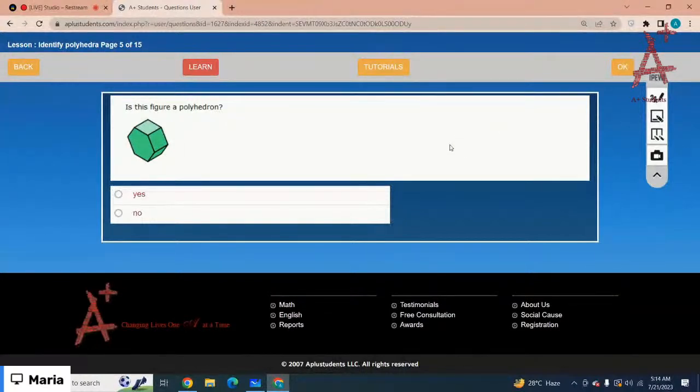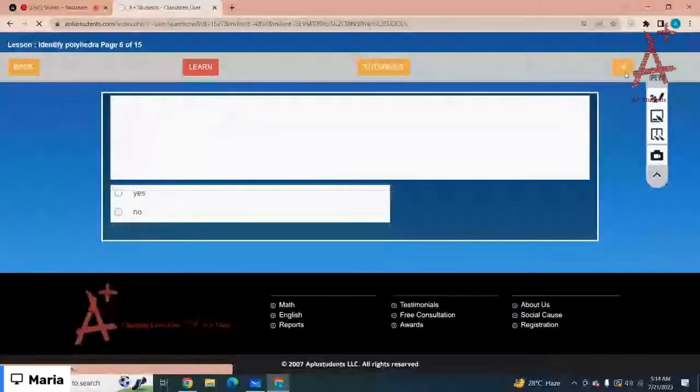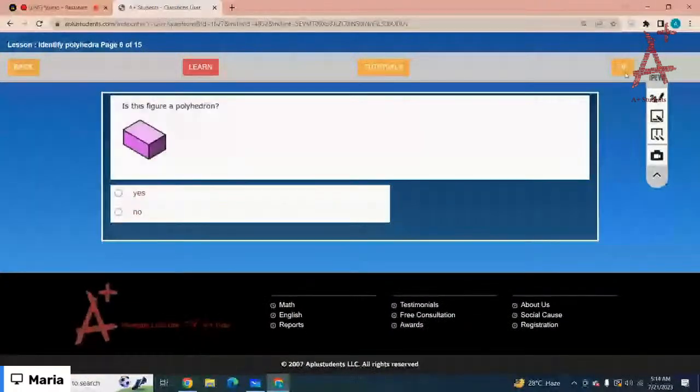Yes, it is. Is this figure a polyhedron? No.